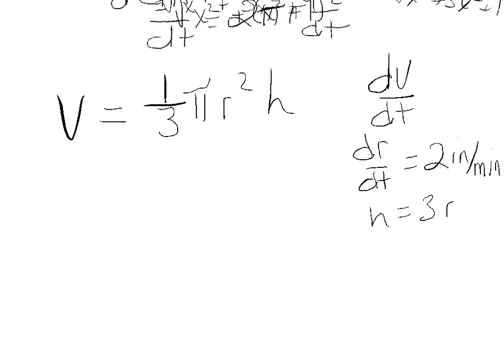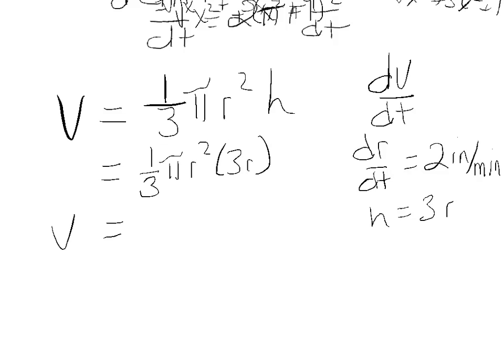Yes, it would be. So what do I need to do so that I don't have dh dt in my derivative? Substitute the h for 3r. Good. And so now we get 1/3 pi r squared times 3r, which gives us what?